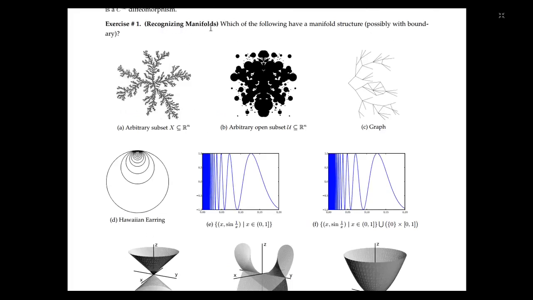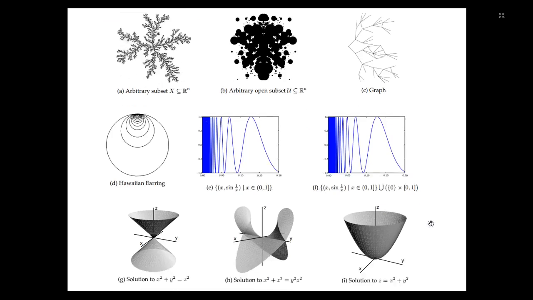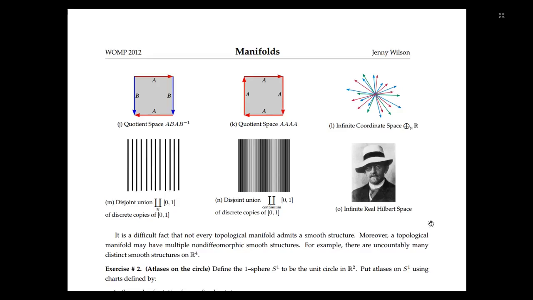On the manifold. In order to have some interaction with you, I want you to have a look at this exercise, recognizing the manifold, and answer in the comment the question: which one of the following has a manifold structure? Like A is the arbitrary subset of Rn, B is the open set of Rn, a graph, Weierstrass functions, these weird looking functions.